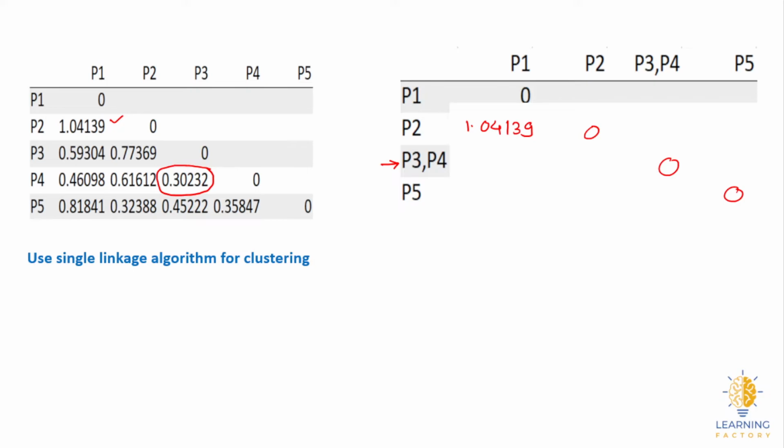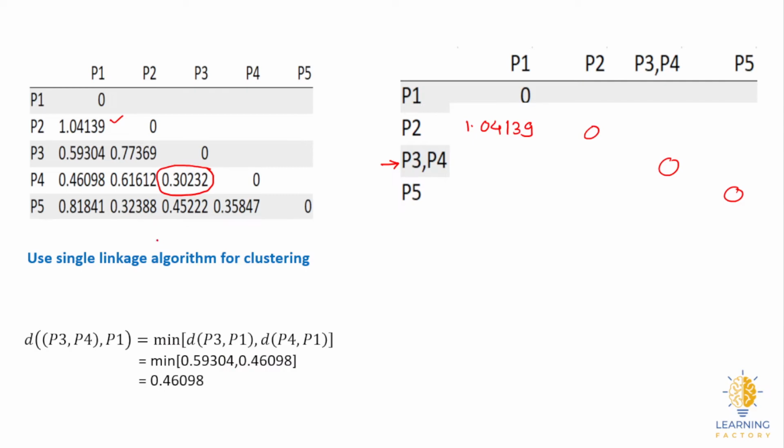According to the single linkage algorithm, we look at the distance between P1 and P3, and P1 and P4. In one cluster we have only point P1, and in the other we have two points, P3 and P4. So we look at the distance between P1 and P3, and P1 and P4, and whichever is the minimum is the distance between the clusters P1 and P3, P4. So let's see how we do that.